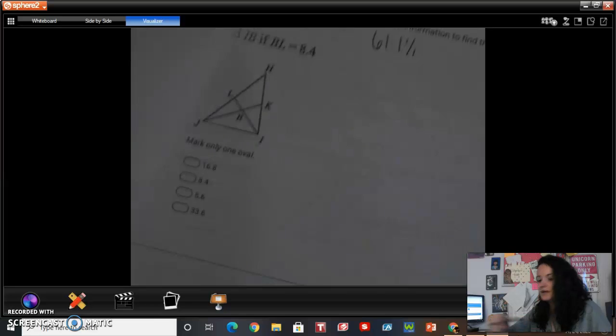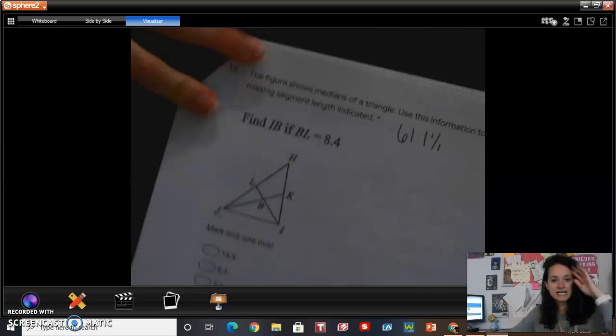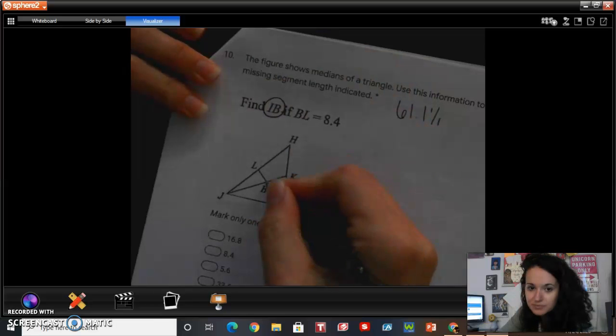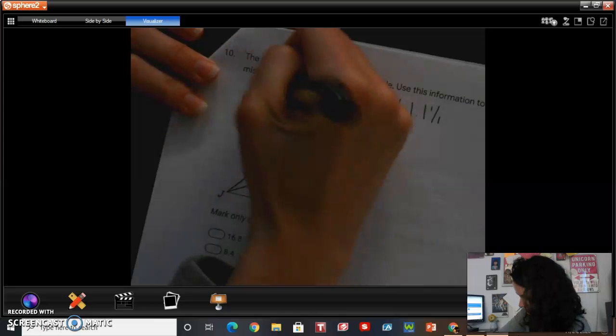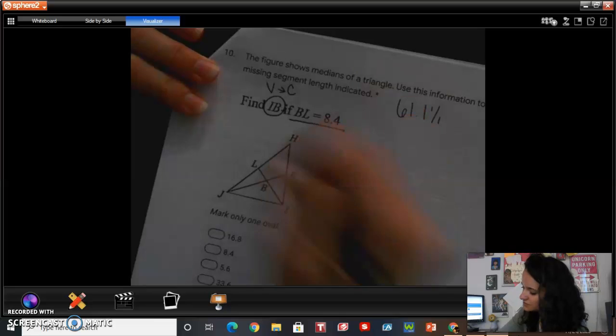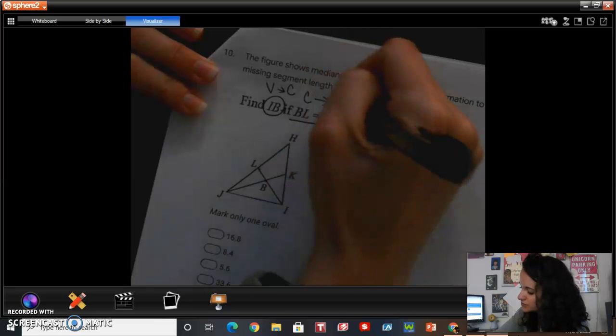Okay. All right, y'all did good on number 9. So we're going to go to number 10. This is the last one we're going to do. So we want to find IB. So IB is going from a vertex to the centroid. And we know BL, and BL is going from the centroid to the midpoint.